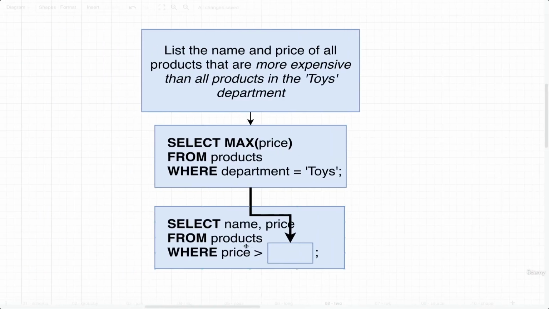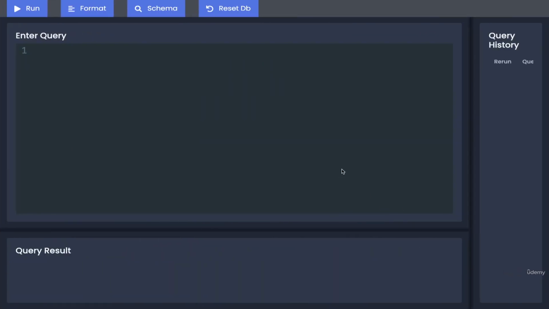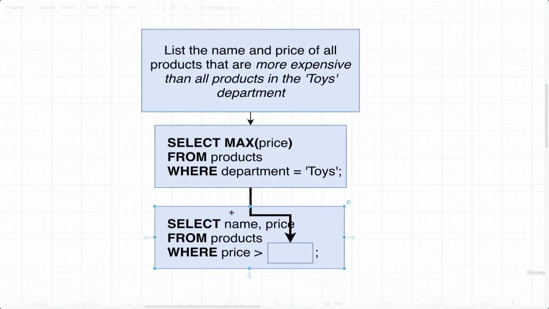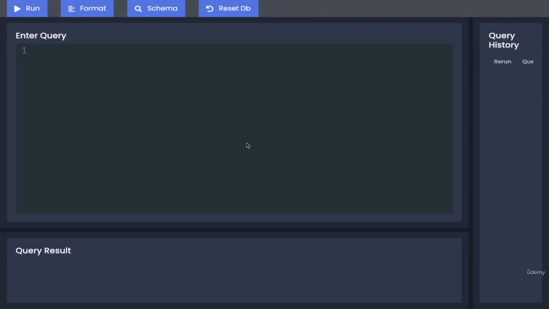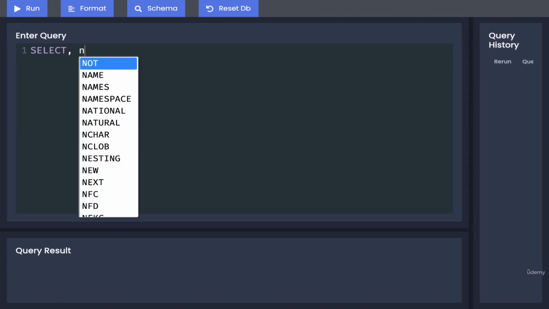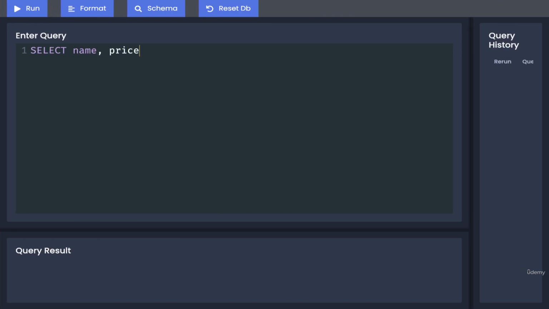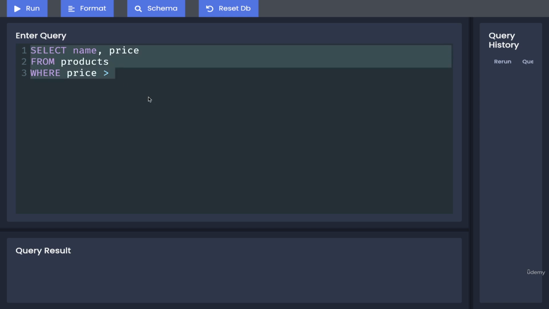To combine these two queries into one by using a subquery, we would first write out the outer query, or essentially the second one that we want to write. In this case, this is the second query, so we're going to write that one out first. So we would put in select name and price from products where the price is greater than, and then this right here is where we would want to have the first query, the one where we need some value from to complete the outer one.